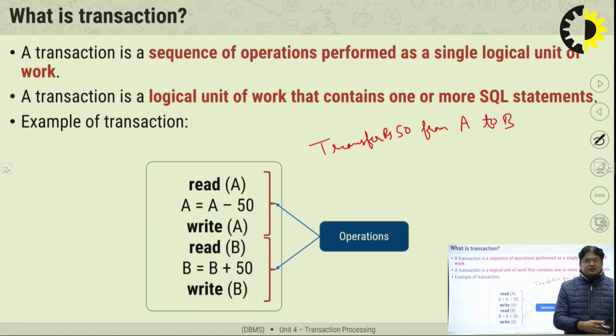The value is still in the buffer, and from the buffer the value will be written to the disk. This is how transaction processing will occur in this transaction. Here the instructions are written in sequence. It is a single schedule.